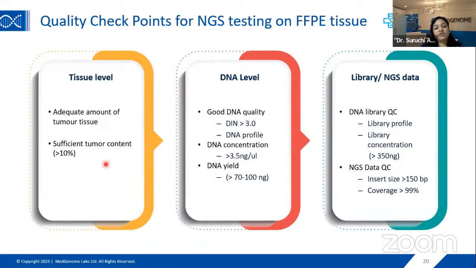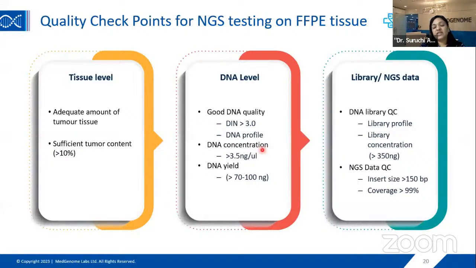Then after we do these checks and it passes, we have the DNA QC level, where quality and quantity both matter. If quality is not good, that is the DNA integrity number, which may be attributed to fixation artifacts or cold ischemia time or age of the block, then we may have a compromised library and NGS data.